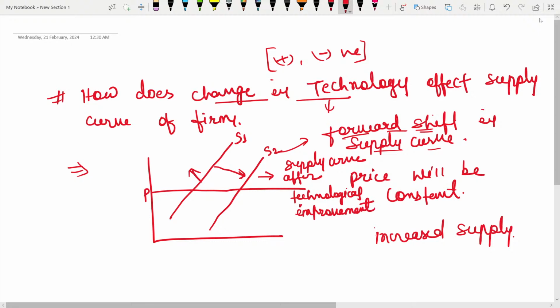And this is the supply curve before technological improvement. In this way, technology affects the supply curve.